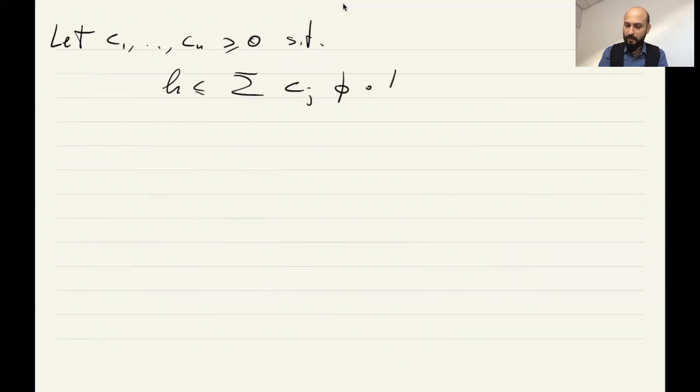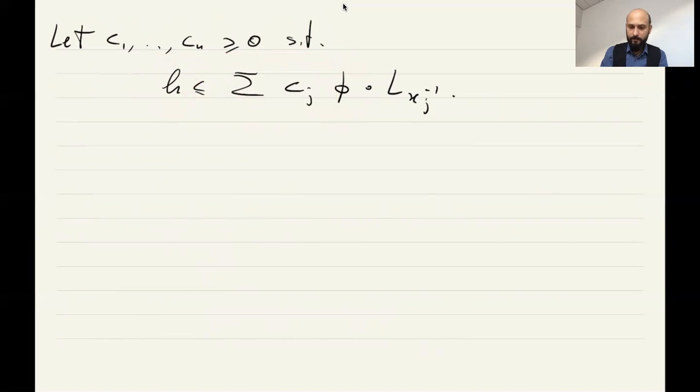So let C1, ..., Cn be non-negative numbers such that h is bounded by this sum of Cj phi(Lxj^-1). Okay, so this means that this sum is a bound for the function h with respect to phi.